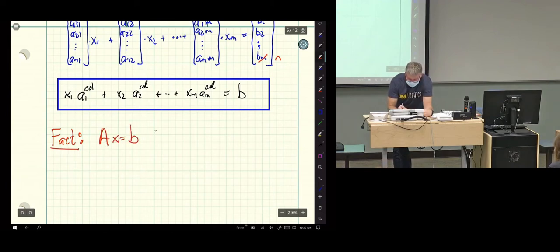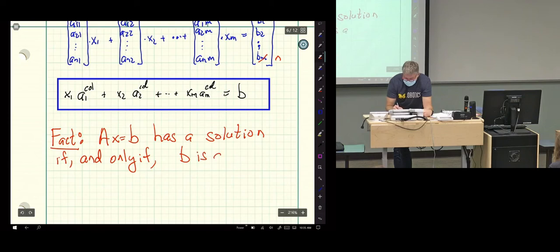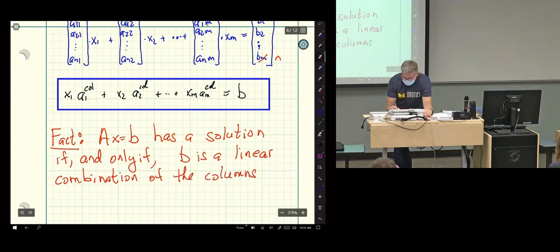Ax equals B has a solution if and only if B is a linear combination of the columns of A.